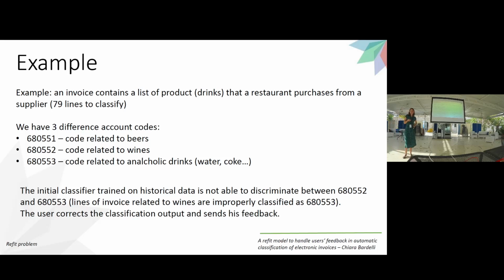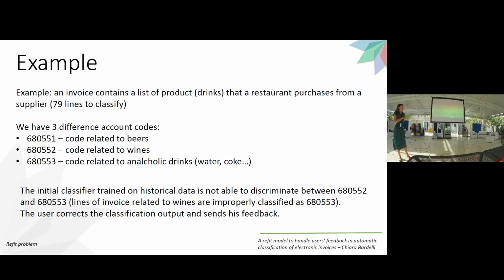Here we have a new invoice related to a list of products that are drinks, because the invoice is related to a restaurant. And we have 3 different codes that are the accounting codes. If this invoice was correctly classified, we expect that all the lines related to wines were classified with this code, all the lines related to beers with this code, and all the lines related to generic and alcoholic drinks with the last one.